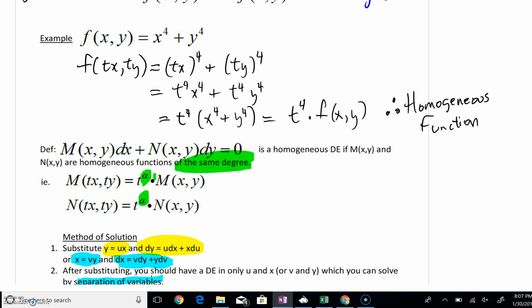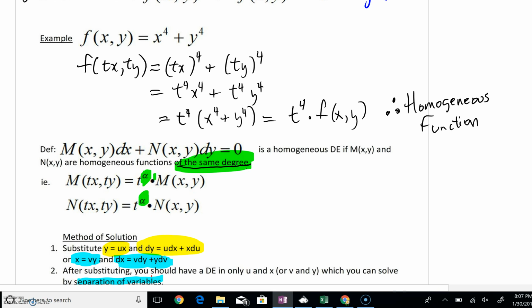And by the way, this is a very special classification. When we say homogeneous differential equation, we now are referring to this form if M, the function multiplied to dx, and N, the function multiplied to dy, are homogeneous functions of the same degree.